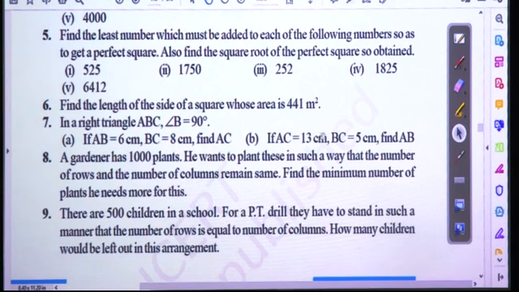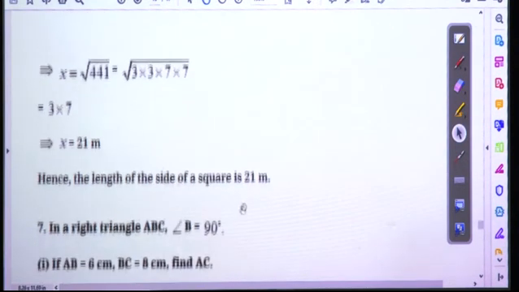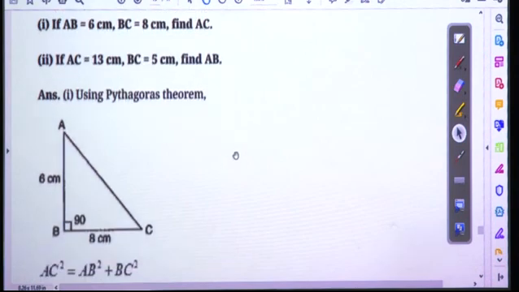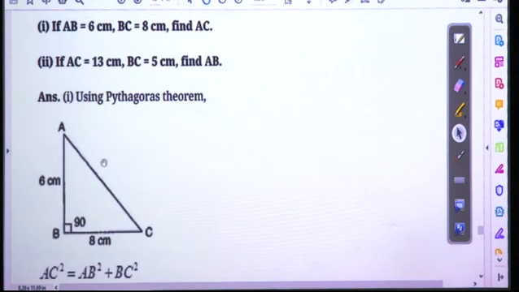And in the second sum, if AC is equal to 13 centimeter, BC is equal to 5 centimeter, find AB. Okay, let us see how to solve this. Here the sum is given and this is the figure.